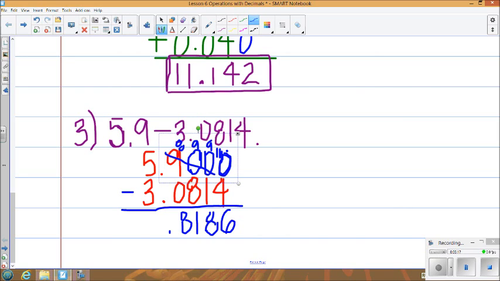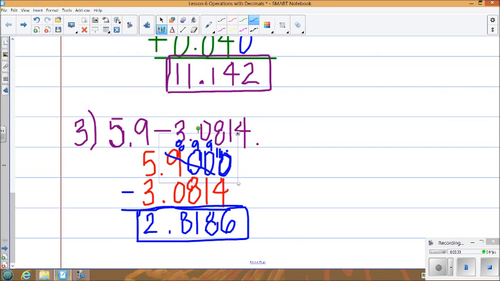And then I have 5 minus 3 gives me 2. So my answer, 2 and 8,186 10,000ths. So that's it for adding and subtracting.